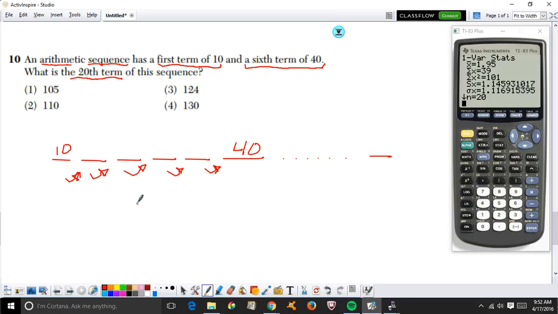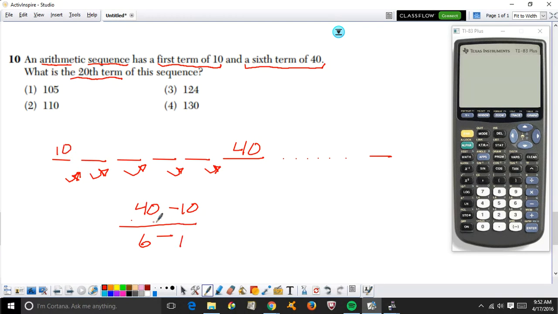In order to do that, we're going to see how much your values moved by and how many spaces you need to move by in order to find the common difference. So we place 40 minus 10 to find the difference between the values and divide by the place value. Remember that 40 was in your 6th place minus the first. So we got 30 divided by 5, which is equal to 6. What this means is that to get to the next number, you need to add 6. So our common difference is 6.